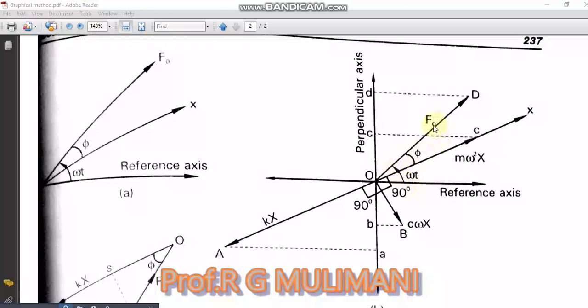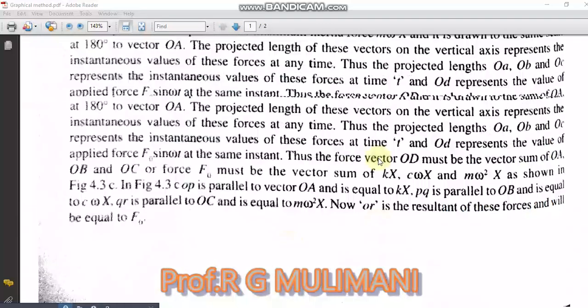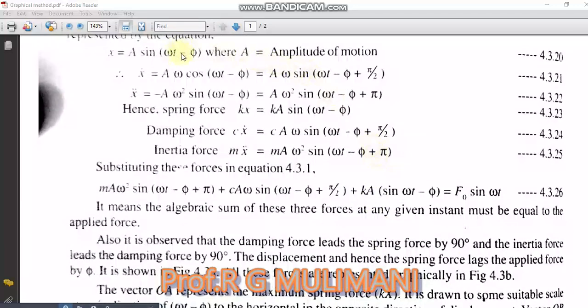So it is F naught sine omega t. We are considering all the forces as the sine function. So this is the reference axis. Now the displacement, the assumed displacement x is equal to A sine(omega t minus phi). What is the angle here? It is with respect to omega t, it is minus phi.